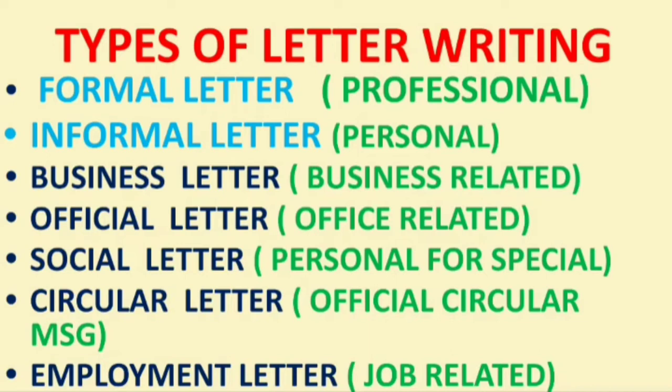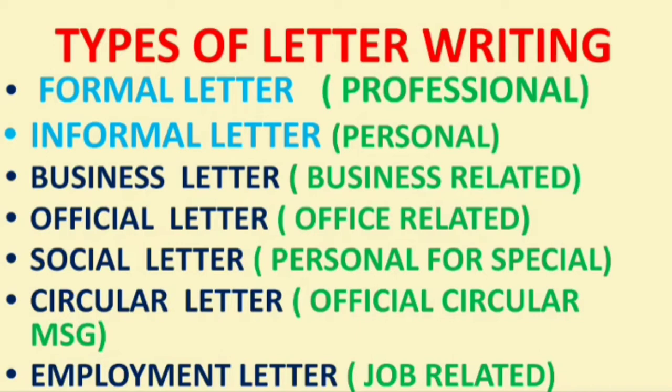What is an informal letter? In the name itself, there is the word information. When we have to convey information to our family, friends or relatives, that letter is known as an informal letter. It is otherwise known as a personal letter. We write an informal letter to personal ones.